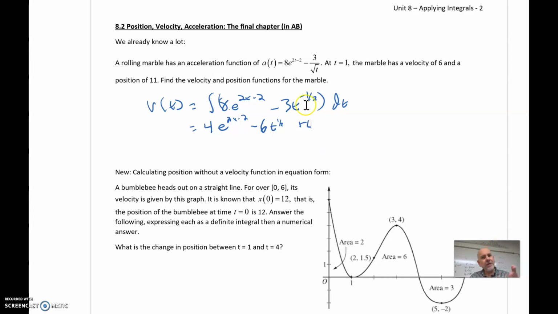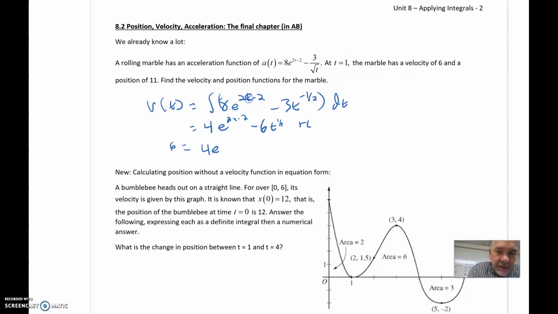Because it could have some initial velocity that we don't know, we have to factor that in. It says at t equals 1, the marble has a velocity of 6. So that's how I'm going to find my plus c. This is like my initial condition sort of thing, except it's at t equals 1. So 6 equals 4e to the t is 1. Sorry, I used x's.